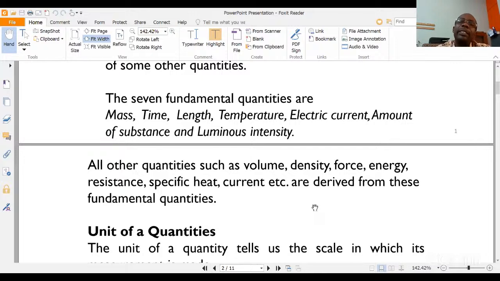So you can now see that density is obtained from the definitions of mass and length, and the operation that joins the two together is division. You have mass over volume.